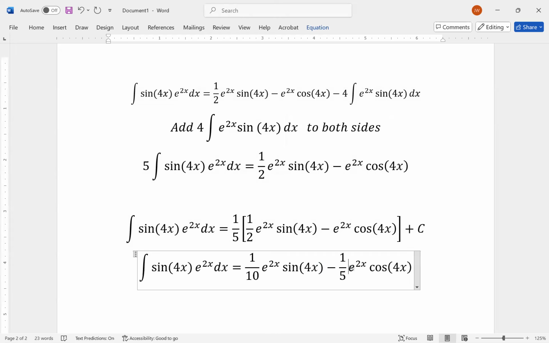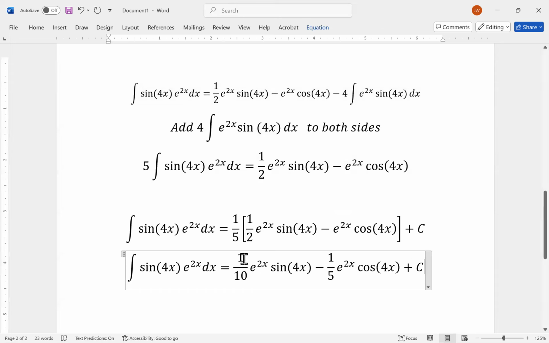If I multiplied the 1/5 over there, I'd get 1/5 e to the 2x times cosine of 4x. So the antiderivative, or the integral that I was looking for, turns out to be 1/10 e to the 2x times sine of 4x minus 1/5 e to the 2x cosine of 4x plus c.